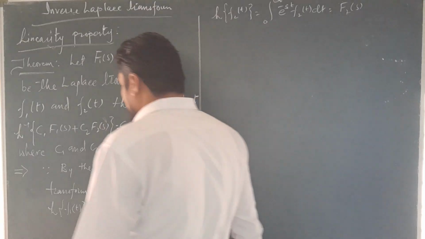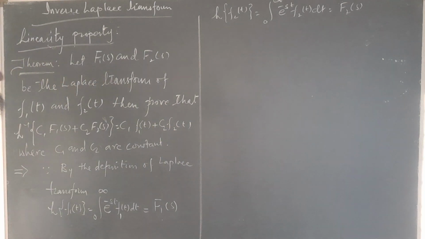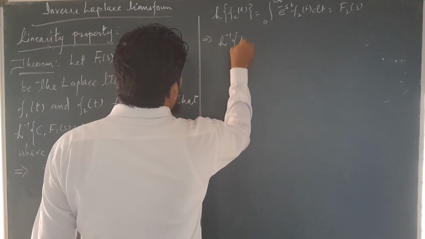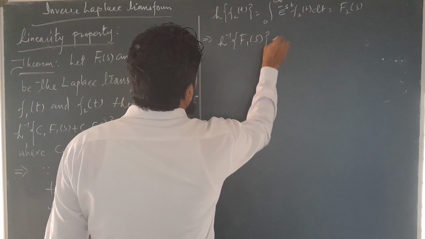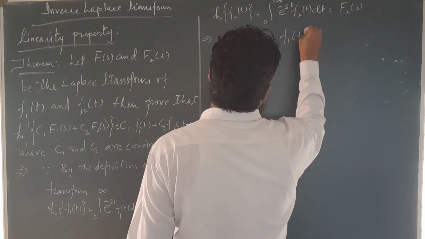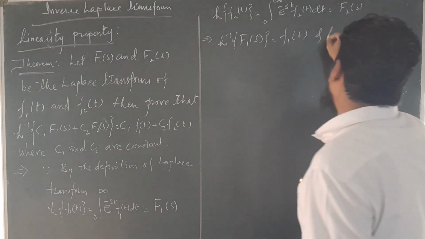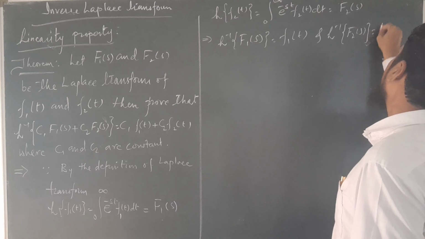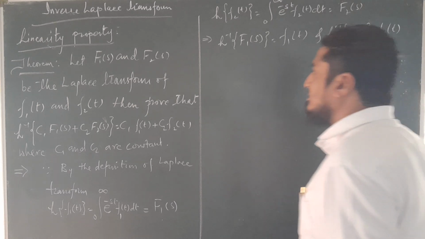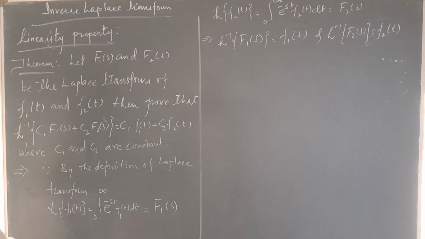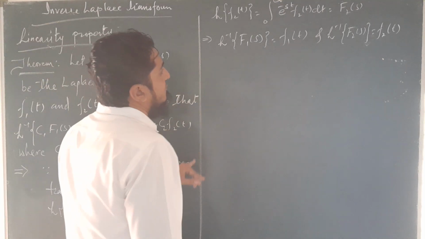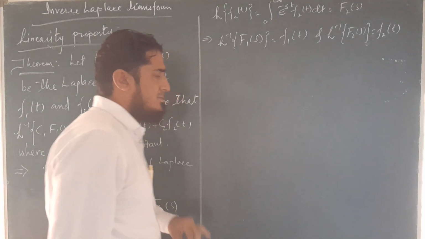If we apply the inverse Laplace transform on both sides, we get the inverse Laplace transform of f1 of s is equal to f1 of t, and the inverse Laplace transform of f2 of s gives us f2 of t.